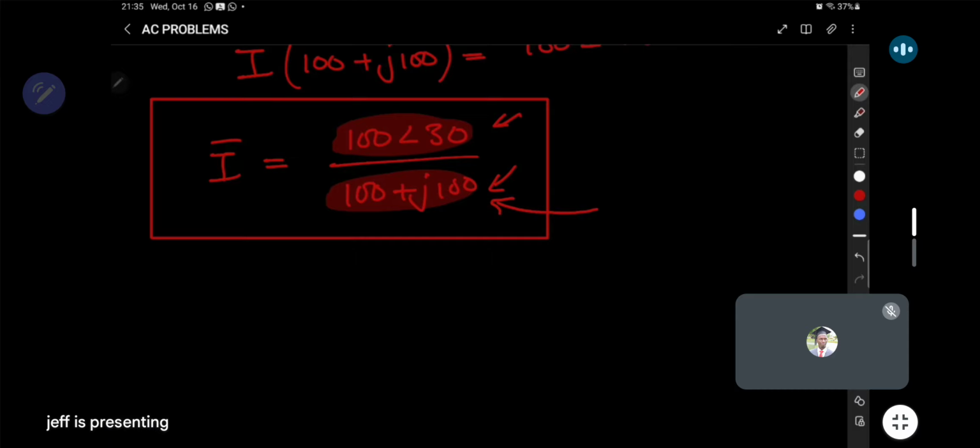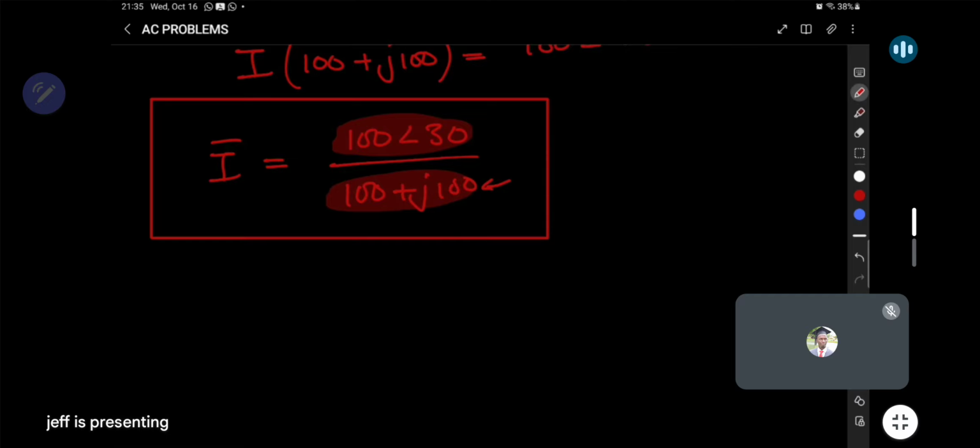The process there is not very straightforward. Based on that, we want to avoid that route and say we'll just change this one also to polar, so that we'll have a polar term in the numerator and a polar term in the denominator. Since there, it will be easy for us to actually divide them.